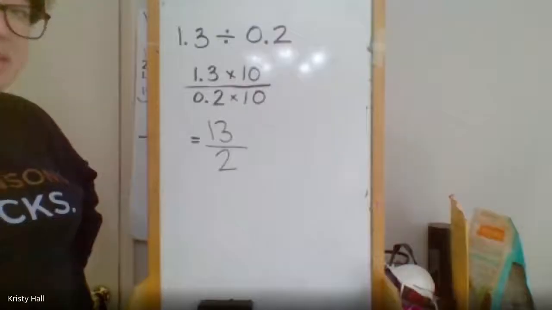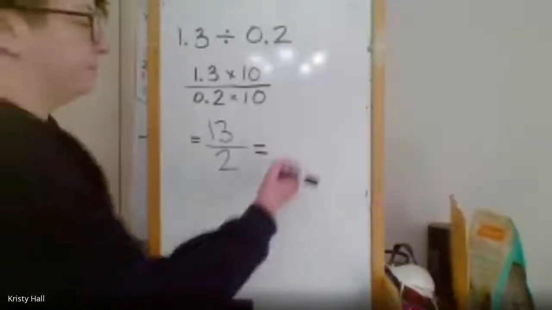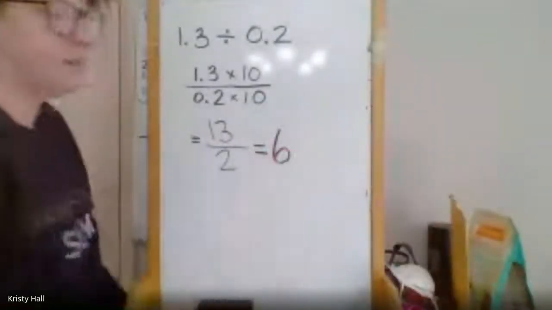Or I think how many times we go into 13? So think about your factors. 2 does not go into 13, but the closest number that 2 goes into is 12. So you think about 2 times what will give you 12? 6. Yep. Goes in 6 times.